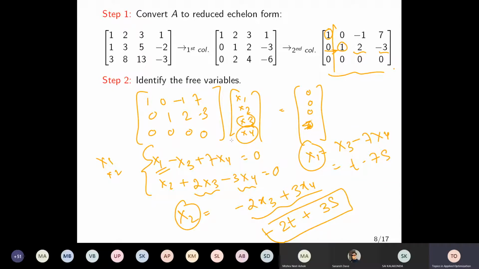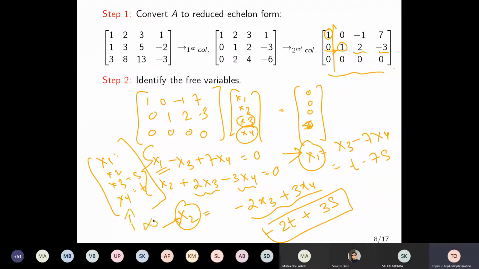So I have arbitrary choice, and that's the case where you have infinitely many solutions, because s and t could be anything. With this choice of x3 and x4, and x1 and x2 as defined here, this will satisfy the equation.